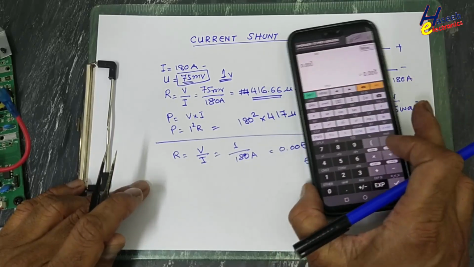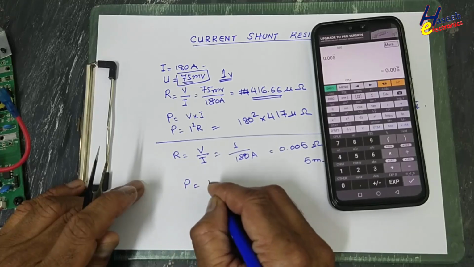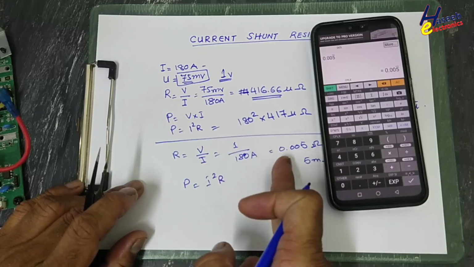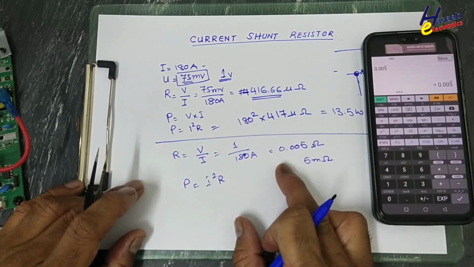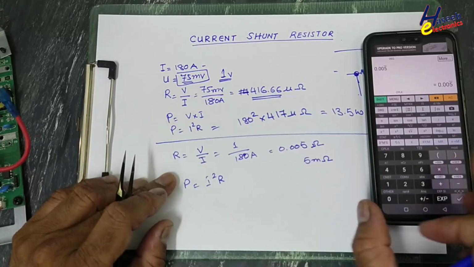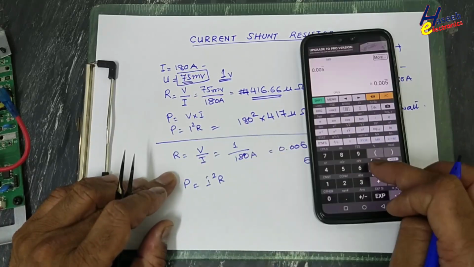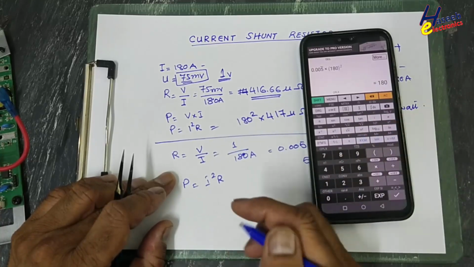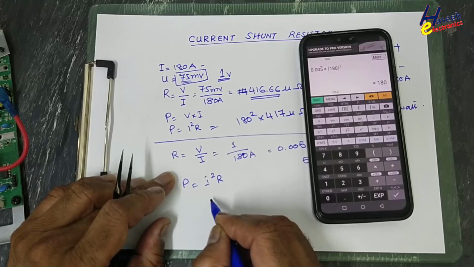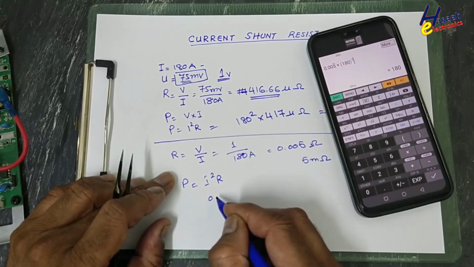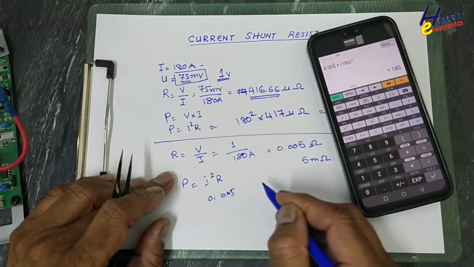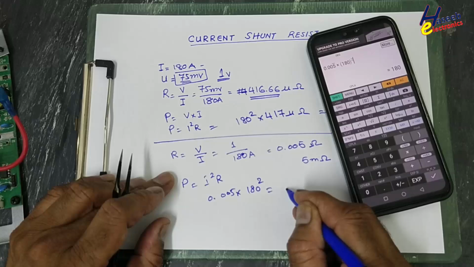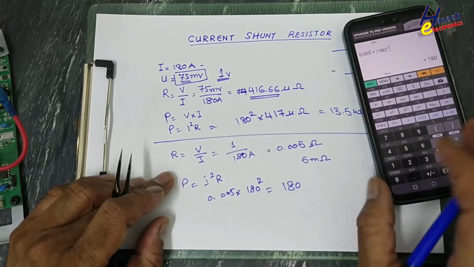This is the resistor value, and P is equal to I square R. If we use this resistor value, 5 milliohm, for this current, what will the power dissipation be? 0.005, or 5 milliohms, multiplied by 180 square, that means 180 watt.